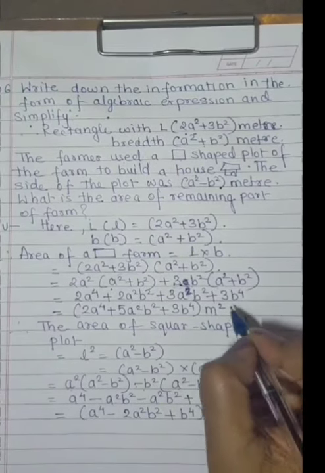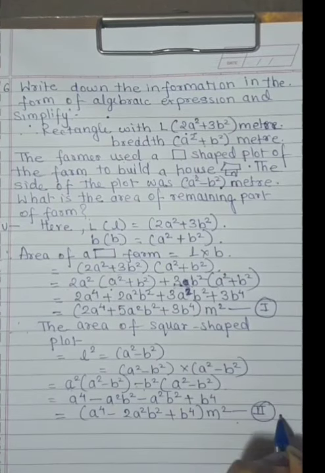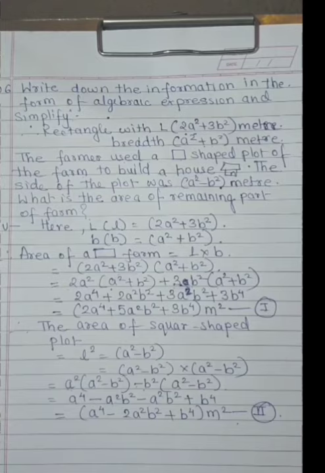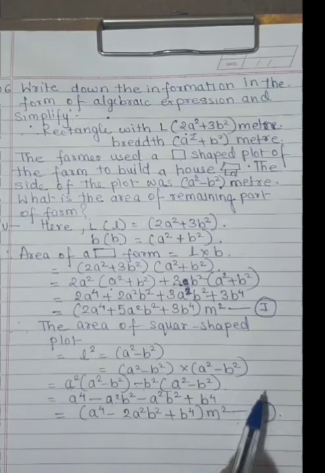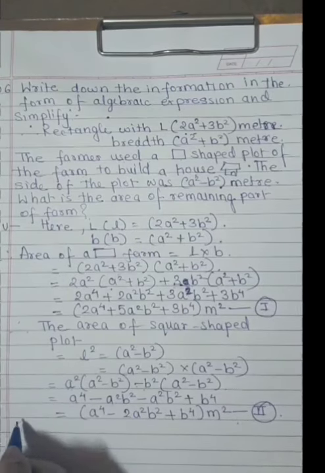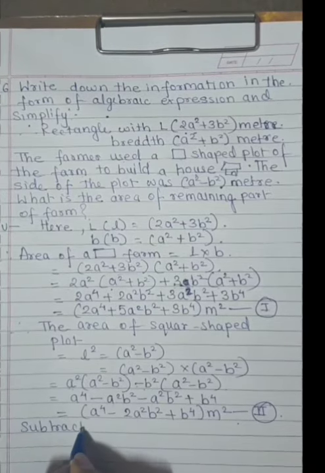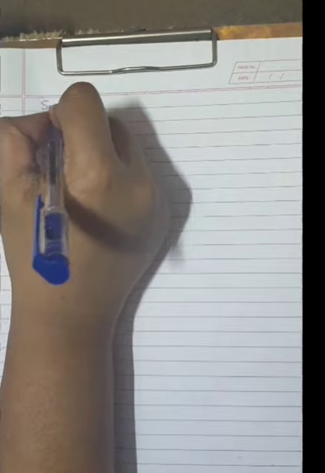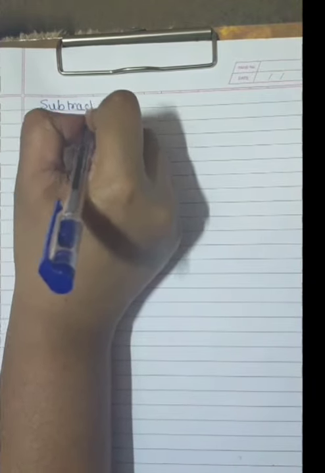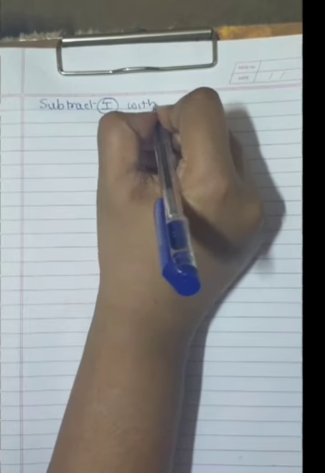So now this is our first equation and this is our second equation. What is given? We have to find the remaining area of the part of the farm. So these both equations we are going to subtract, the first equation with the second.